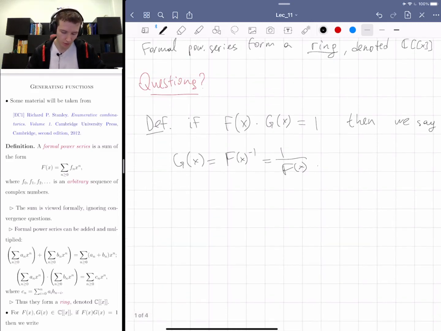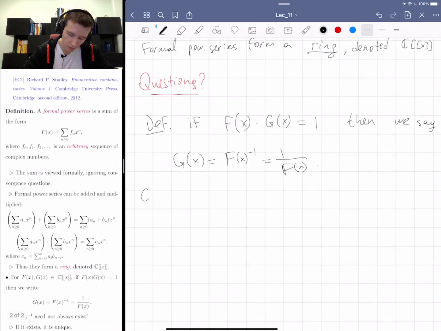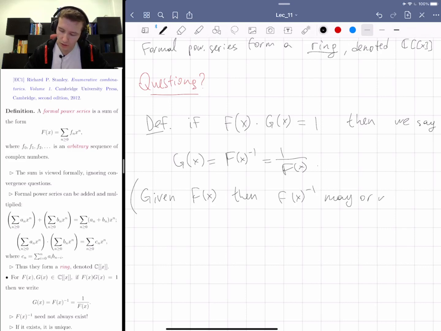So if you give me f of x, then its inverse may or may not exist. But if it exists, it is unique.